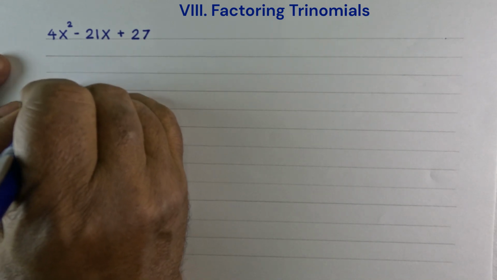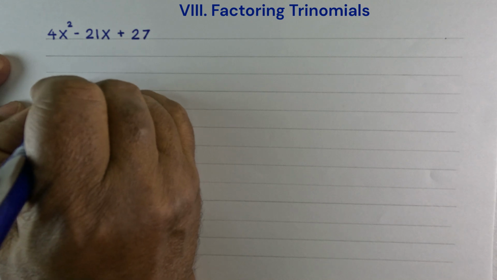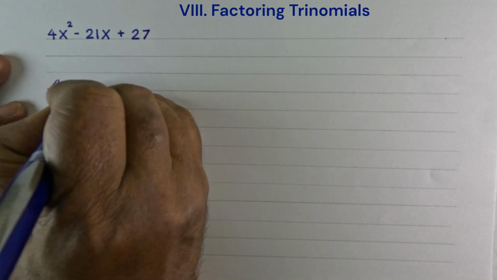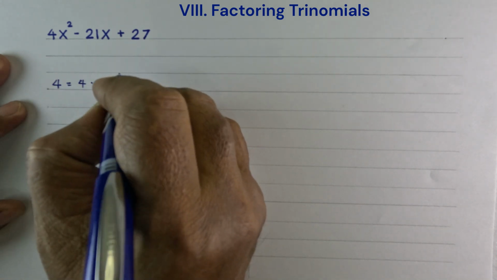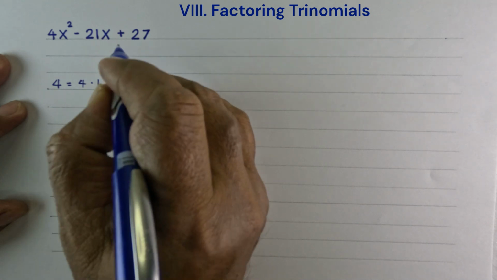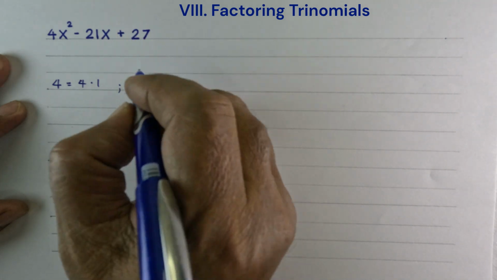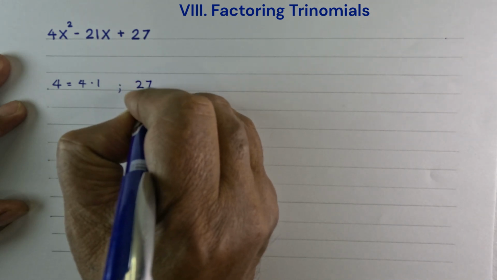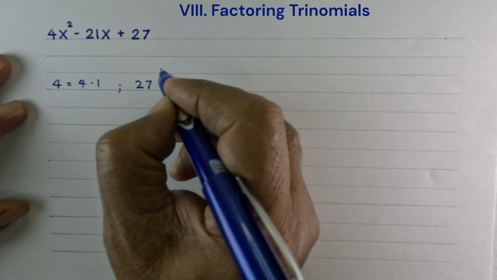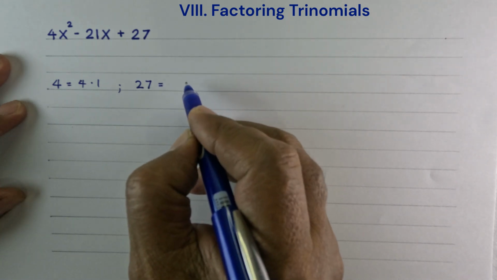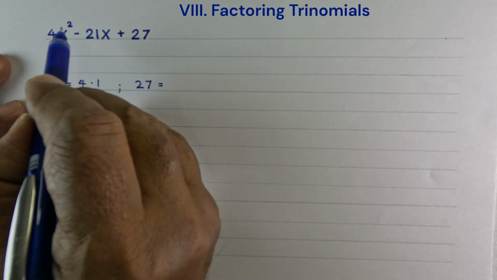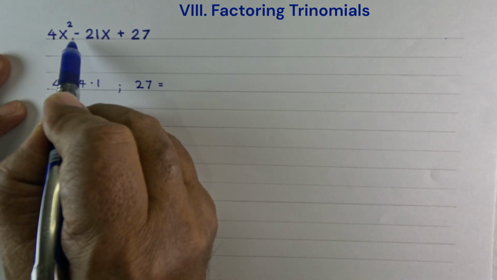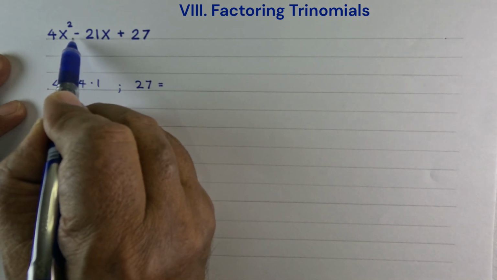Let's try 4 times 1. Now for the constant term 27, we could try 3 times 9. But the sign of the middle term is negative.